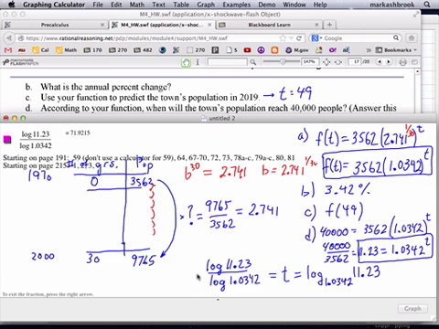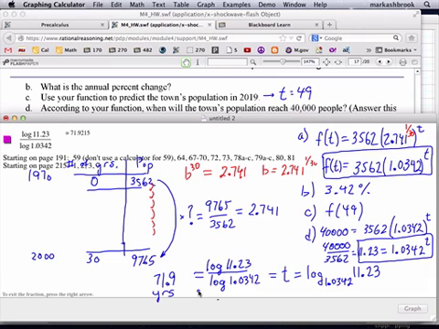Someone else get that? What does that mean? He said the number of years until the population reaches 40,000. That's right, that's our t value that would give us an output, or a population, of 40,000. And so that's, I think, what is that?